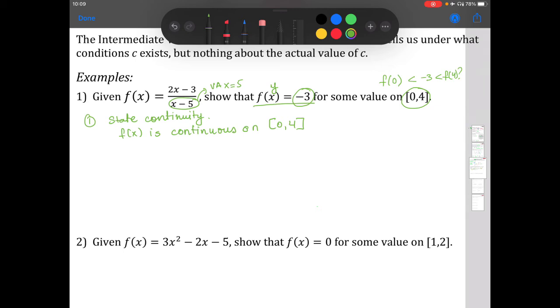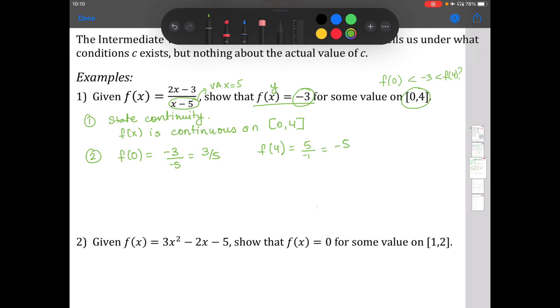Now you find out that value, whether it works or not. So this is my second step basically. I'm going to find f of 0. So substitute 0 in for x. What do I get? 2 times 0 is 0 minus 3 is negative 3 over 0 minus 5 is negative 5. So I get 3/5. Similarly, I'm going to find f of 4, which would be 2 times 4 is 8 minus 3 is 5 over 4 minus 5 is negative 1, which gives me negative 5.